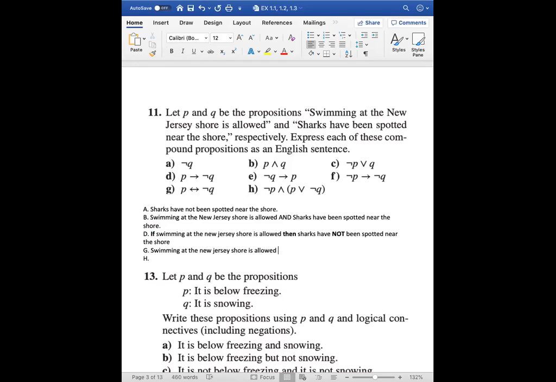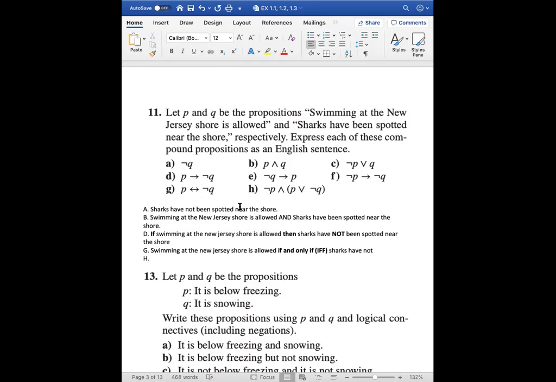And then we have this biconditional sign, which in English means if and only if, also represented as IFF. So swimming at the New Jersey shore is allowed, we replace this biconditional sign with if and only if sharks have not been spotted near the shore.